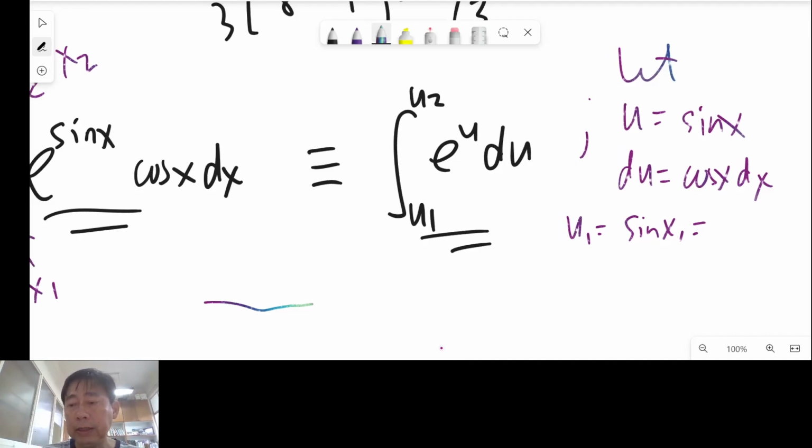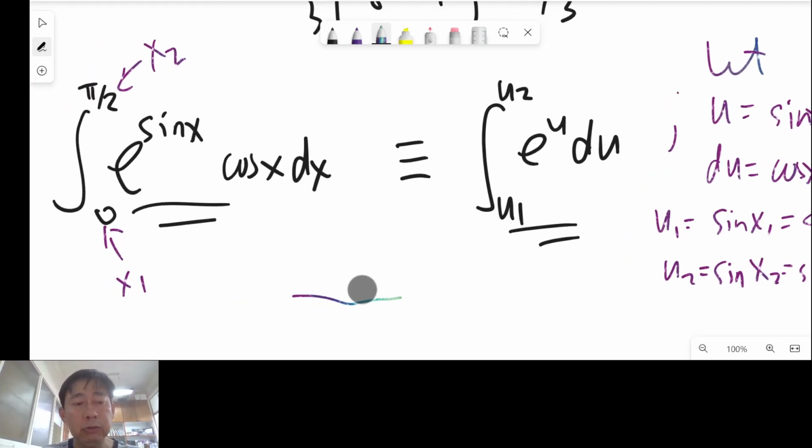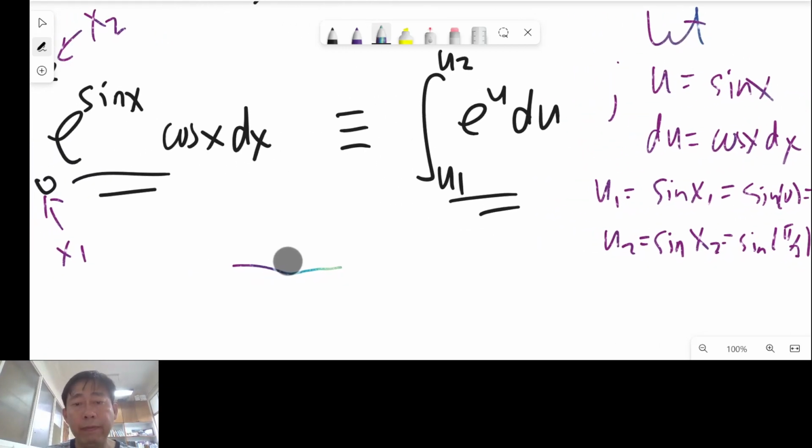So u1 is sine of 0, which is equal to 0. u2 is the function of sine evaluated at x2, which is sine of pi over 2, which is equal to 1. So u1 is 0, u2 is 1.